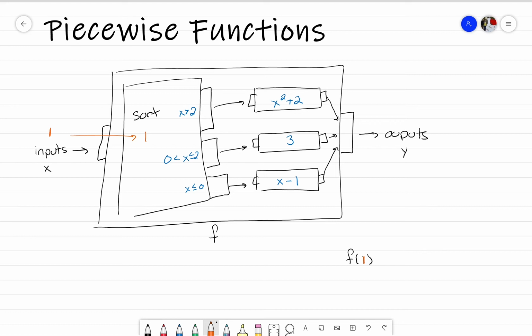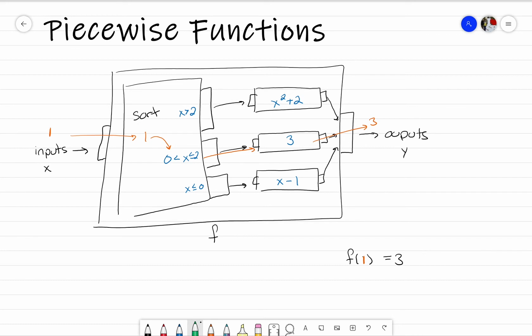Well, 1 is between 0 and 2. So 1 falls into that bin, which means it goes into this machine on the inside. And so that tells us that we're going through the constant function 3. And so when it comes out the other side, we just get a 3. And so f of 1 is going to be 3.